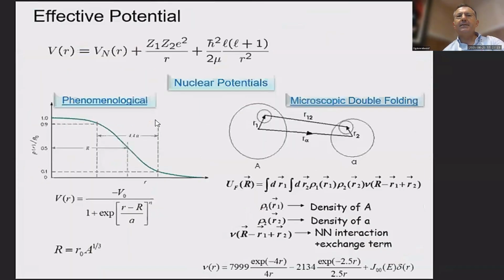This is the force or effective potential between two nuclei. The first one is the nuclear potential, like this form. The second one is the Coulomb potential between these two. The third one is the centrifugal potential due to the rotation of the nuclei. Therefore, the sum of these three gives you this potential.